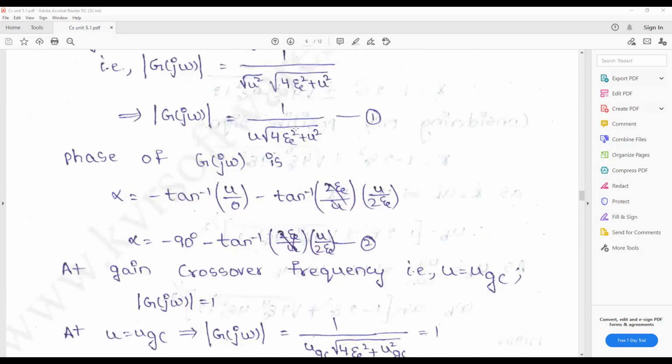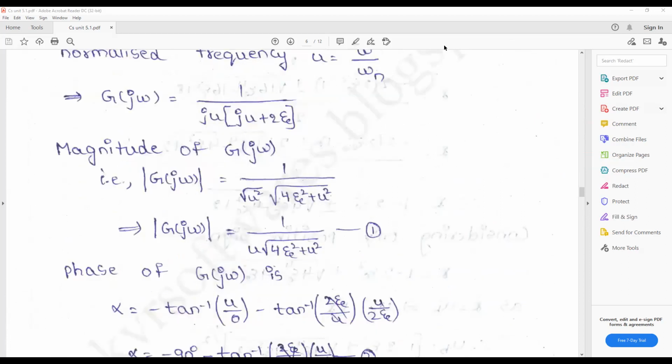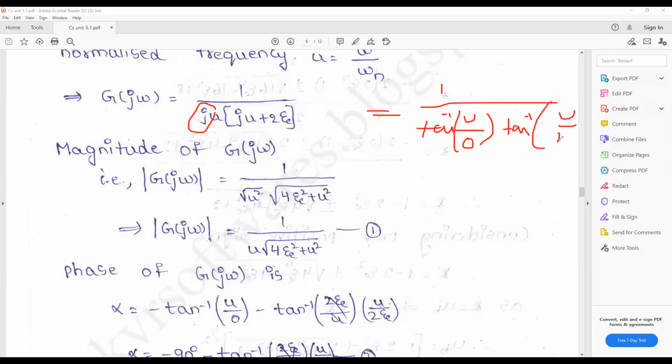So now the phase angle. Look at the first term's phase angle. Suppose the transfer function's phase angle is tan inverse of b by a. What is the b value? u. What is the a value? 0. Tan inverse u by 0. And the next, tan inverse of u by 2 neta.